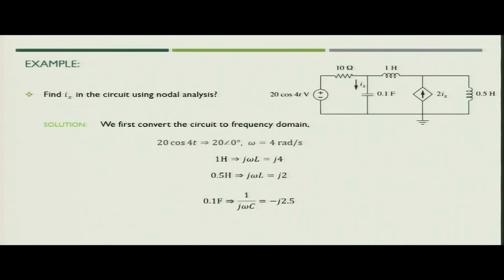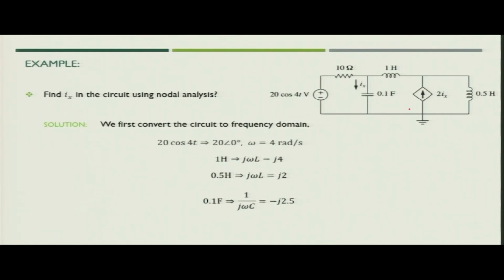So, let us see the example. In this case you will see that we have one sinusoidal voltage source given by 20 cos 4t, and we have the inductor of 1 Henry, we also have the dependent current source and the 0.1 farad capacitor and 0.5 Henry inductor.